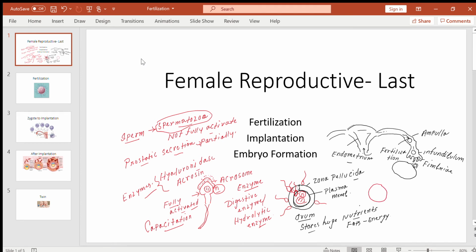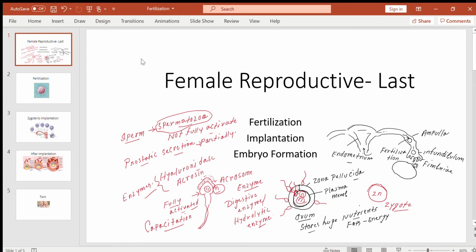The fertilized egg has 2N, each N from each parent. This fertilized egg is called the zygote.